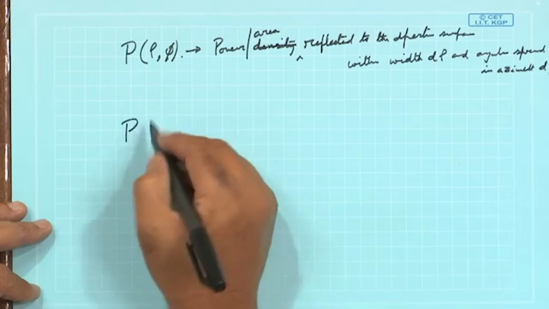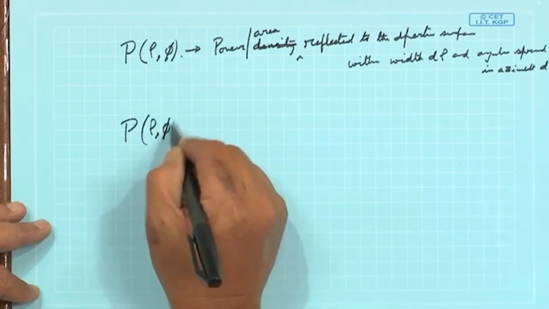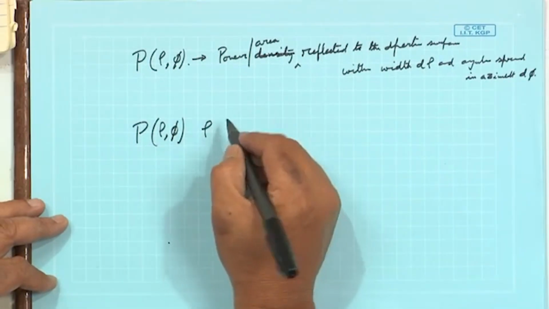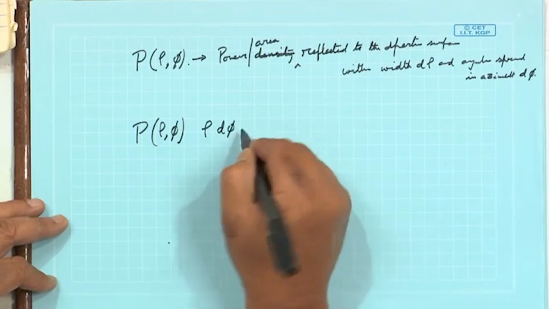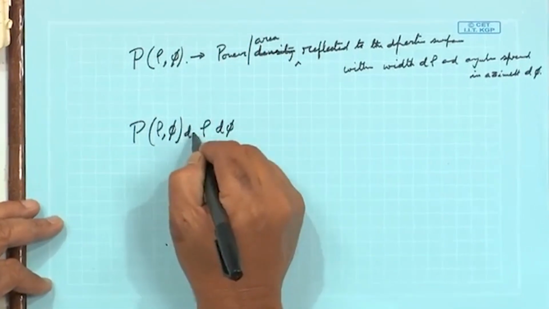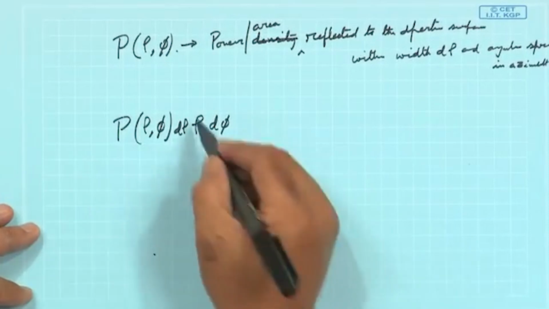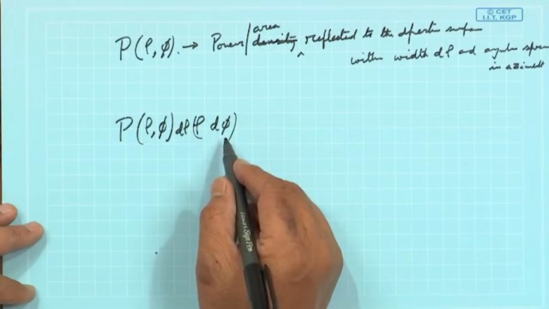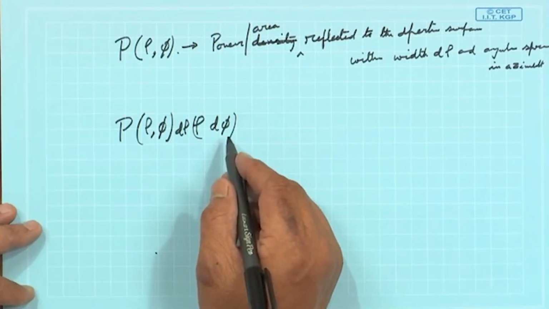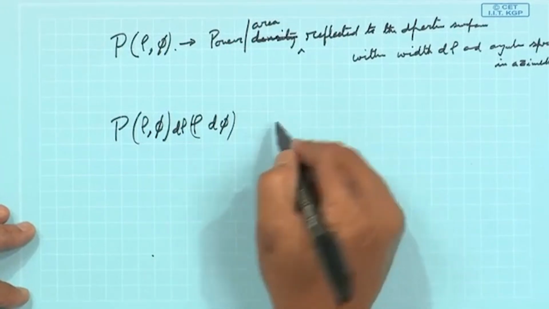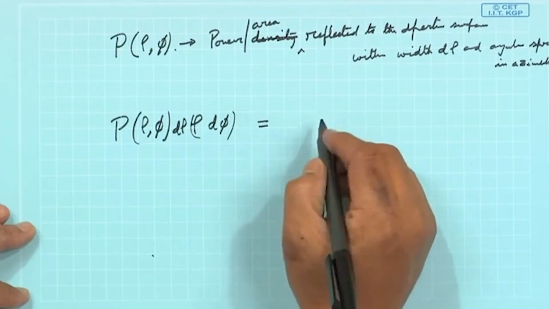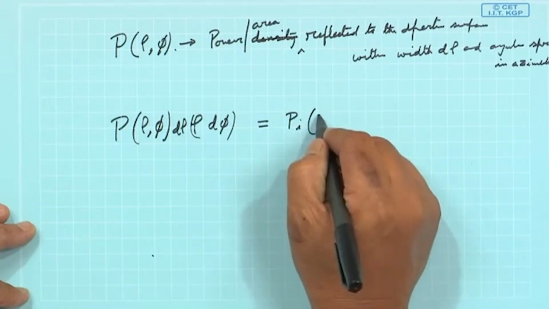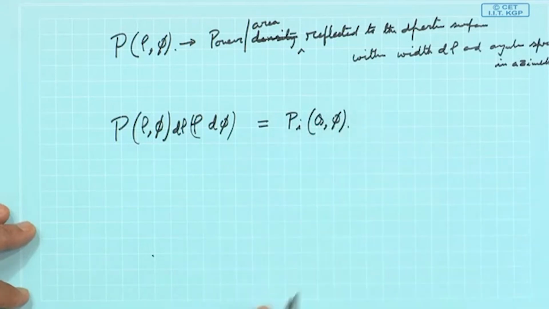So, I can say that P rho phi times rho d phi and d rho, this is the total power, that should be equal to that pi theta phi.